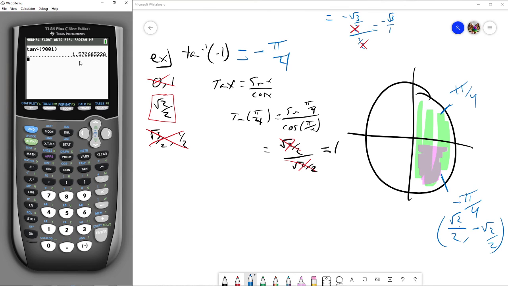If you're wondering why that's the case, we can recall that if you think about the ratios here, as we get closer and closer to pi over 2, you get y divided by x. The y values are getting closer and closer to 1, but the x values are getting closer and closer to 0.